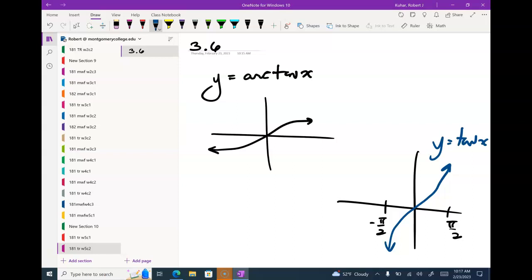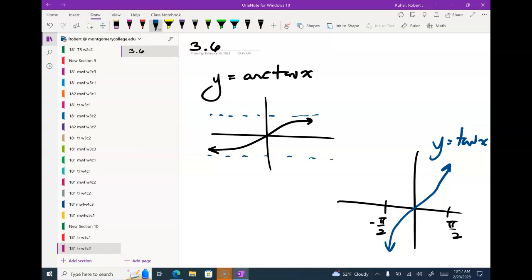And what happens with inverse functions, we switch our domain and range, right? So you can already tell that this has got horizontal asymptotes at what heights? Pi over 2, and yeah, plus or minus pi over 2, right? Because the domain and range are switched with the inverse trigs and the trigs, right?